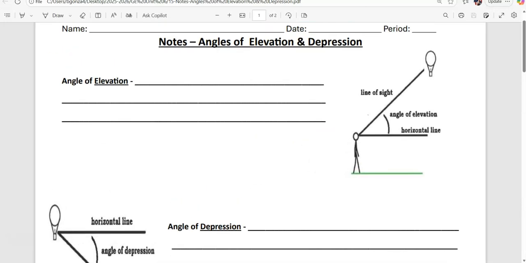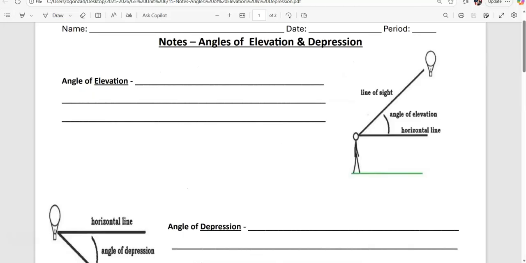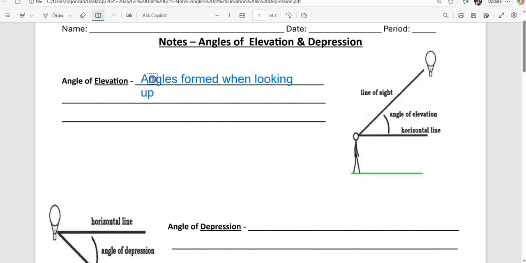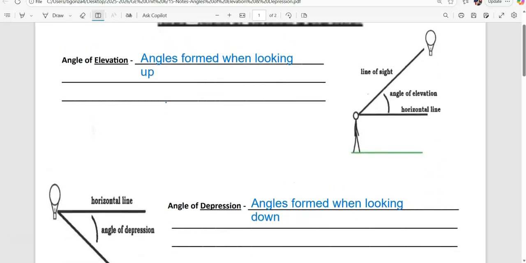All right, here we go. Y'all ready? Notes: angles of elevation and depression. Angles looking up, angles looking down. Write these two down real quick.